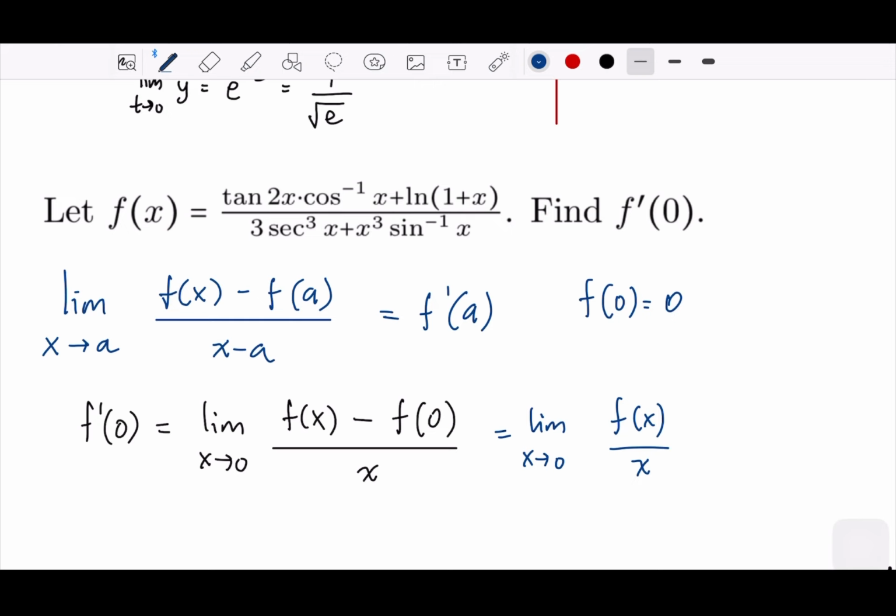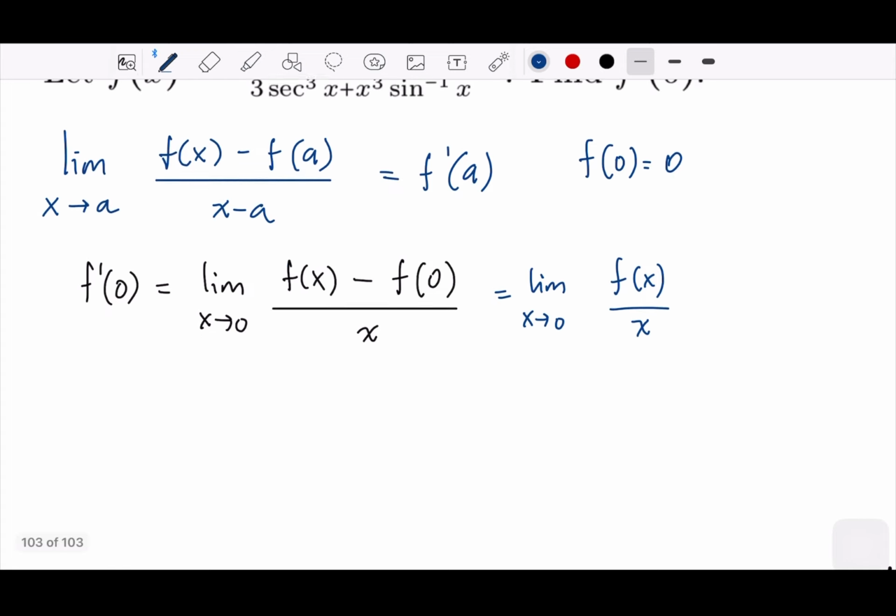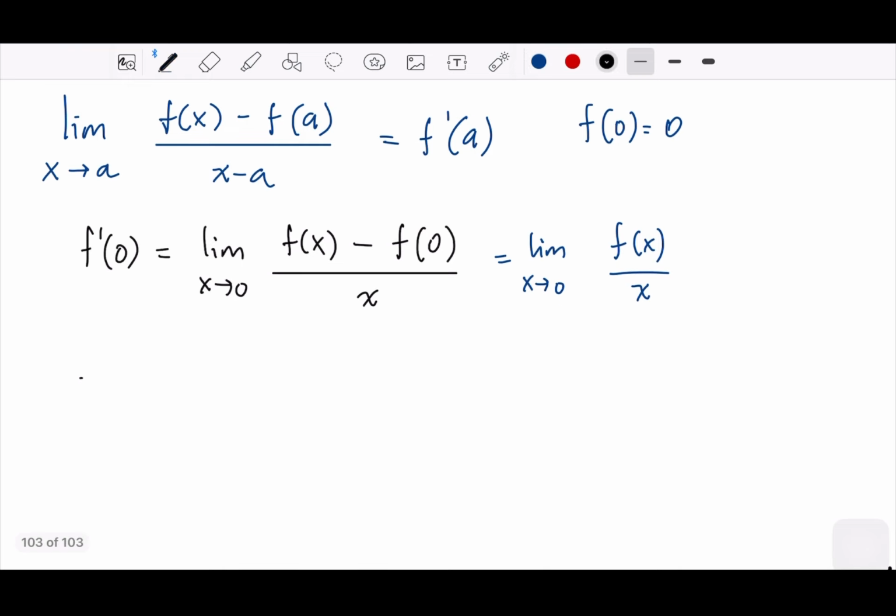Okay, now to solve this, maybe we could take it into two separate limits. First, taking the limit as x approaches 0, maybe first taking all the secant, the bottom part: 3 secant squared x plus x cubed sine inverse x.